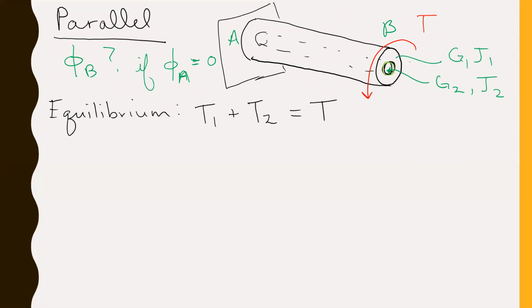So we know that this applied torque is being resisted in combination by the two members, but we don't know necessarily how much resistance is coming from each of the two members. We can't solve that directly from equilibrium, so we're going to need to invoke the other principles of mechanics of materials to get a system that we can solve. So the second pillar is kinematics.